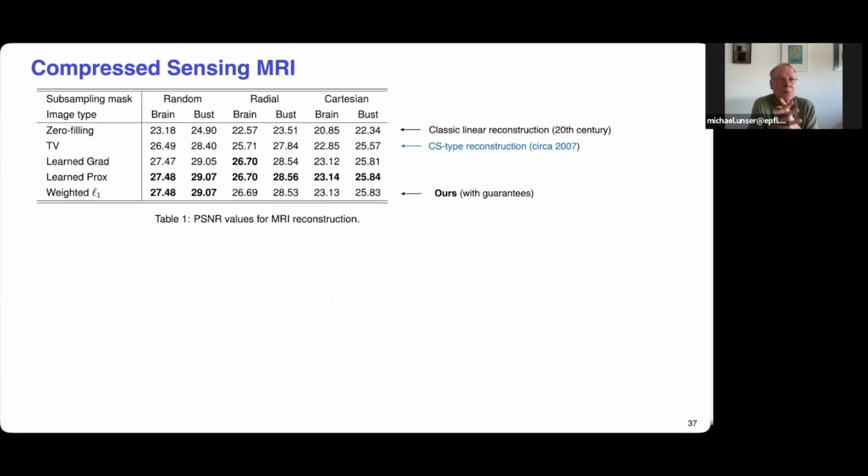Okay, let's apply that to compressed sensing. And so here are the results. Again, here are those three algorithms: the one where we learn the nonlinearity also, and the one where we use the weighted L1. And what we see is that we are essentially as good as when we don't have this theoretical knowledge and we still have to learn the nonlinearity.